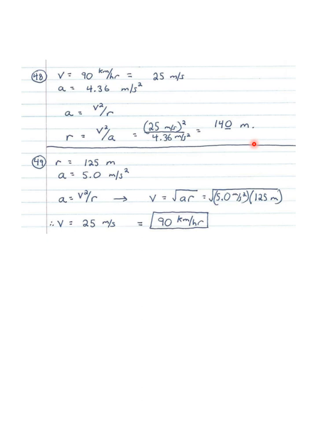So it's very similar to 48, but we're solving for v. So acceleration equals v squared over r gives us v equals square root of a times r. Plug in a and r, and you get 25 meters per second. Convert that and you get 90 kilometers per hour.